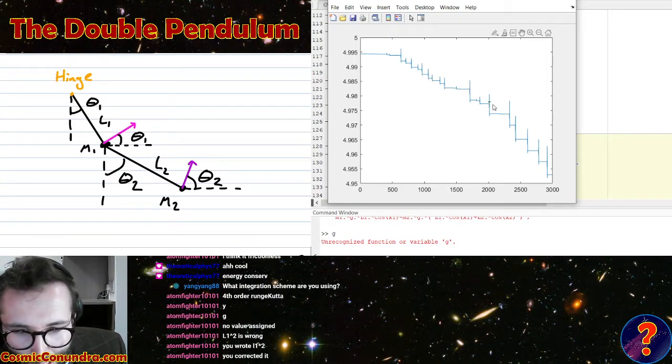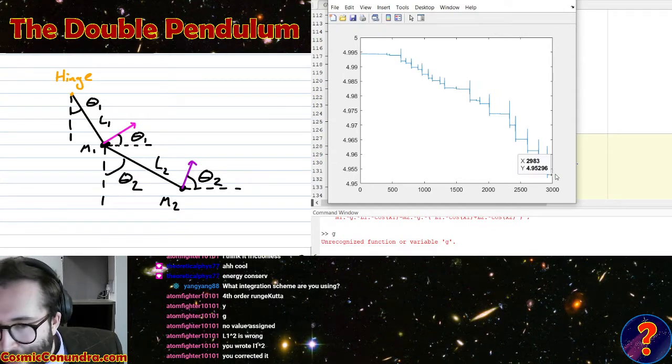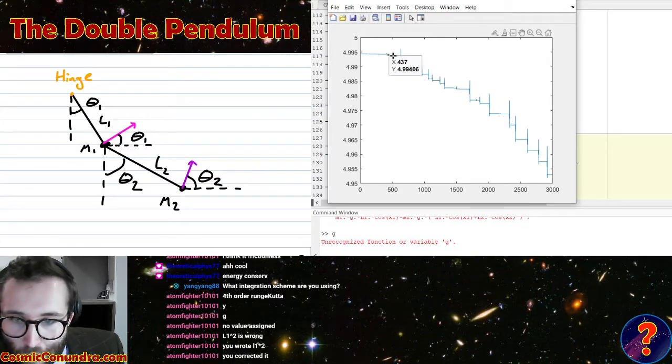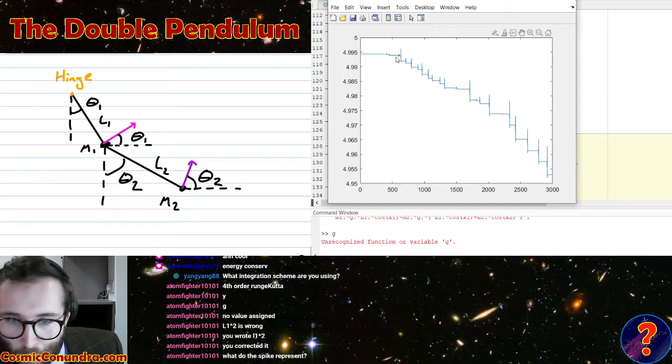The numerics are going slightly wrong, such that the total energy is decreasing, but it's not too bad. It decreases by 0.04 joules over 30 seconds. Certainly for the first 7.5 seconds or so, it's pretty good. It doesn't really lose much energy at all. There's not much numerical mucking about.